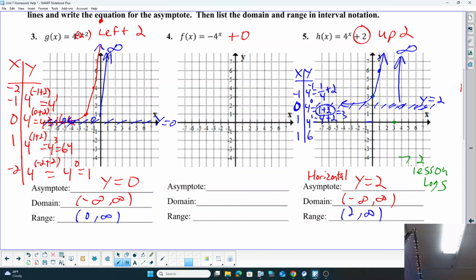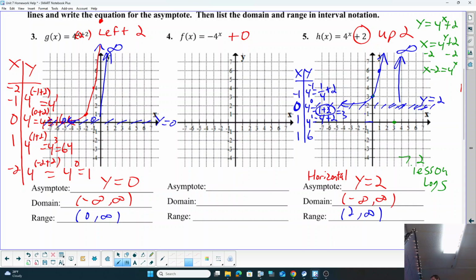We can convert this to a log by switching the x's and the y's and solving for y. So y equals 4 to the x plus 2. We're going to switch the x's and y's, and we're going to solve for y by minusing 2 over to this side. So we get x minus 2 equals 4 to the y power. And then to undo base 4, you have to log base 4 both sides.